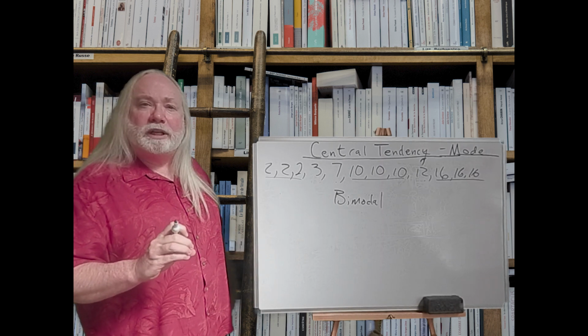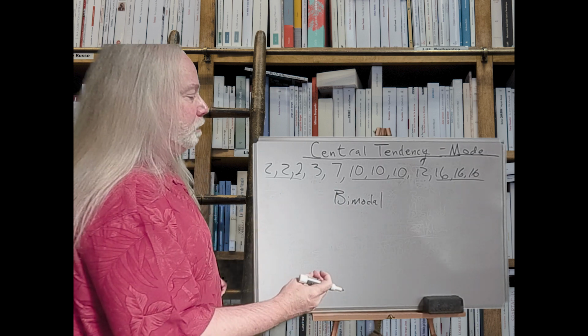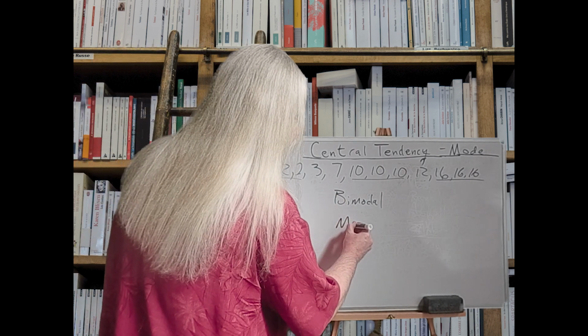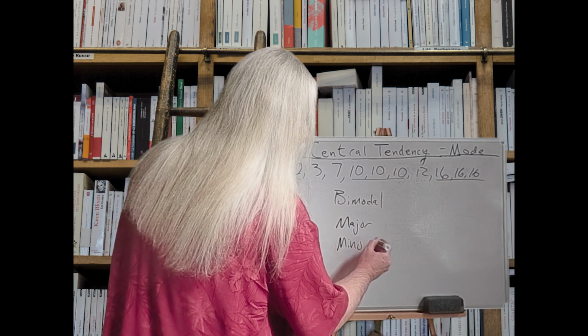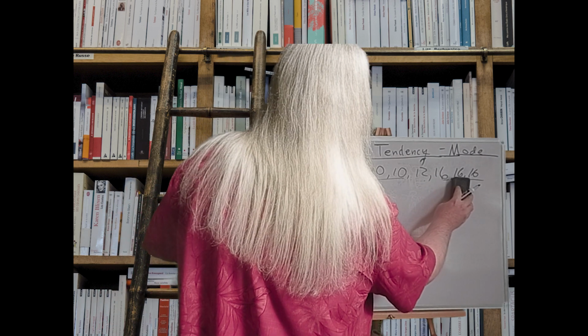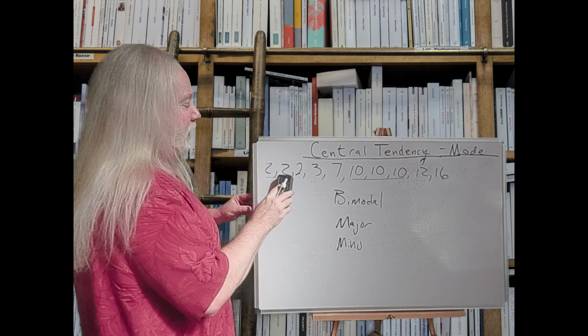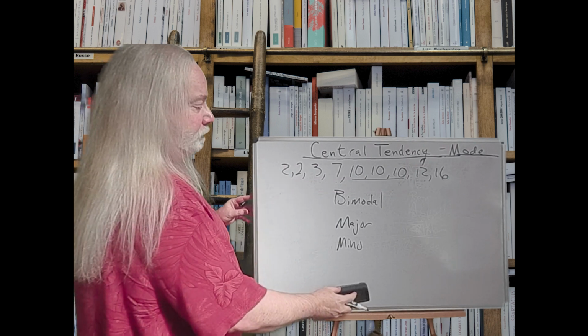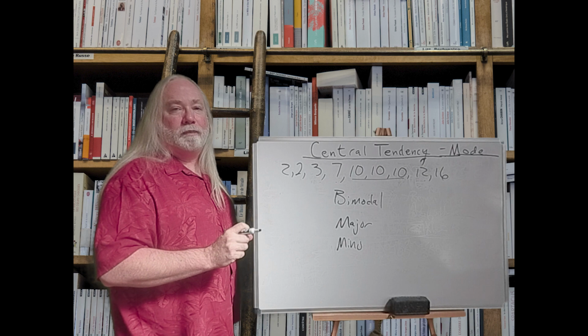Now, sometimes you will hear researchers use the terms major mode and minor mode. So I'm going to take these 16s back off of here, just 1 16. And I'm going to take one of the 2s off of there. So the mode is back to 10.